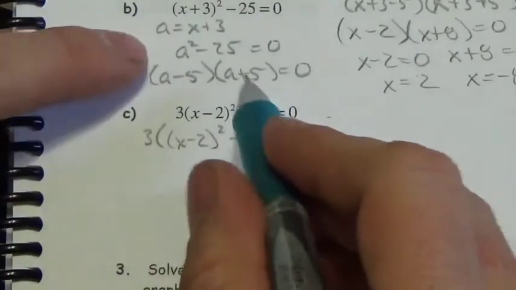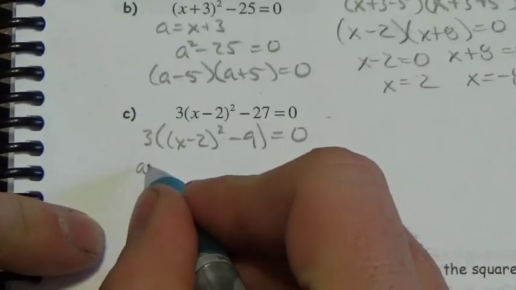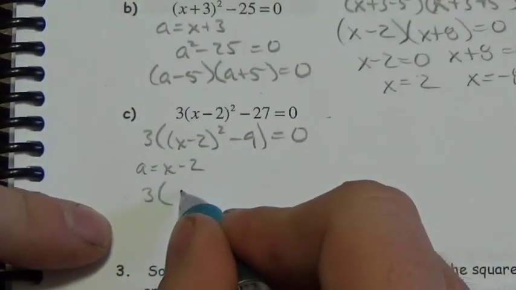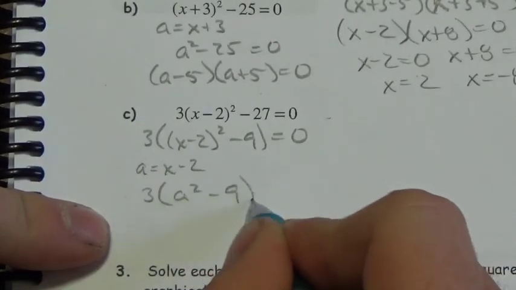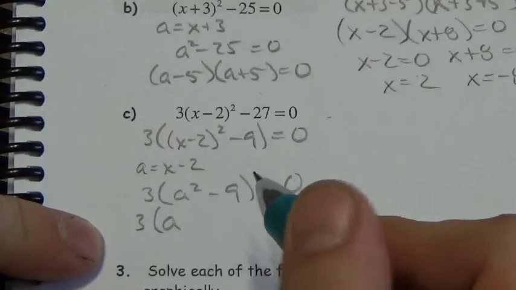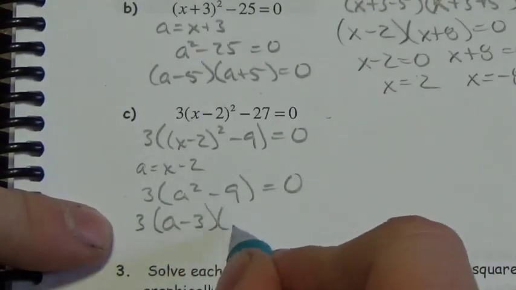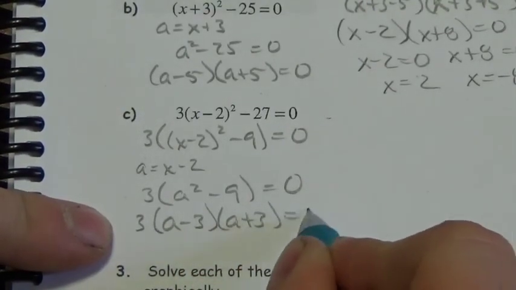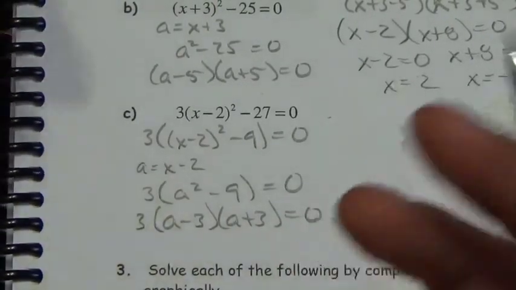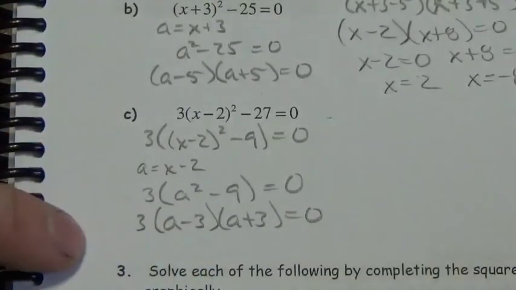Now I run into a similar sort of situation that I had above. I'm going to let a be x minus 2. And so this becomes 3 times (a squared minus 9) is equal to 0, which I can factor down to 3 times (a minus 3)(a plus 3), because now that's a very clean difference of squares. Now I'm going to plug back in that a was equal to x minus 2.